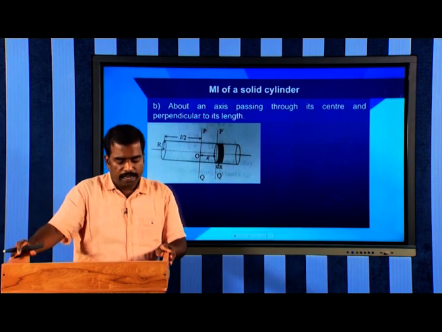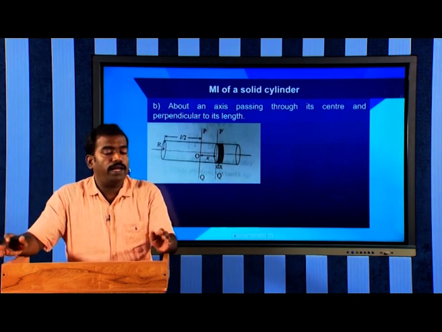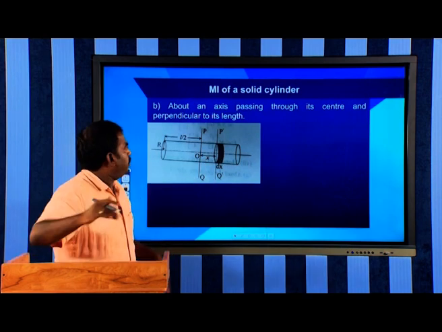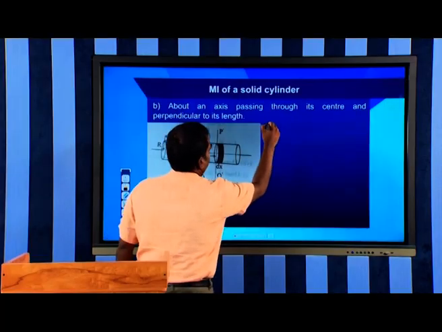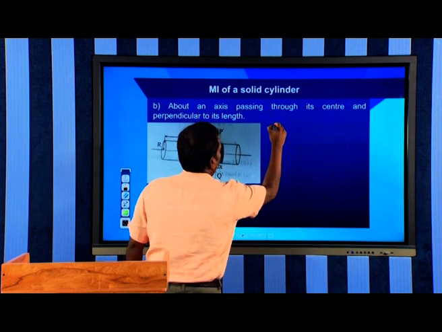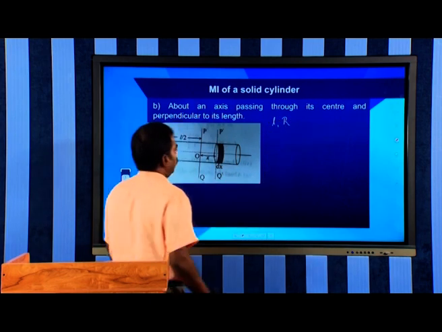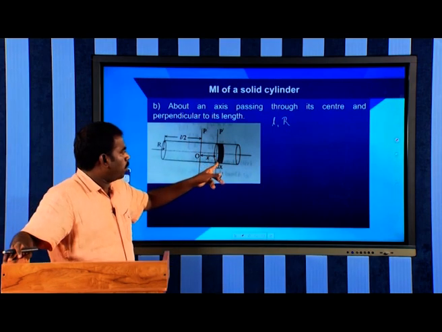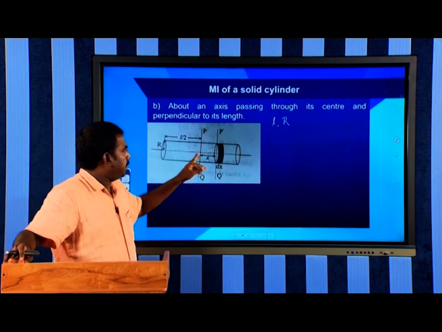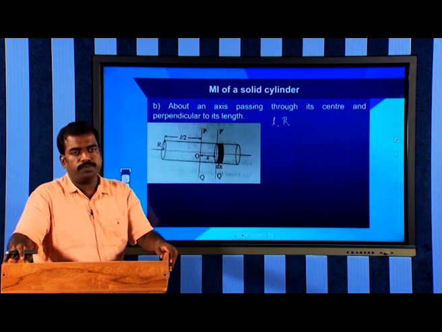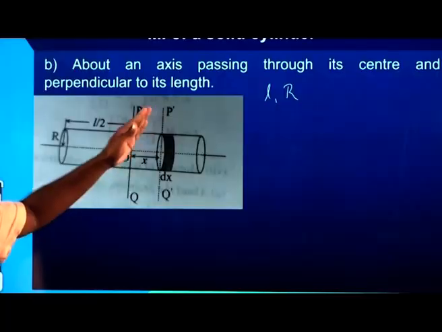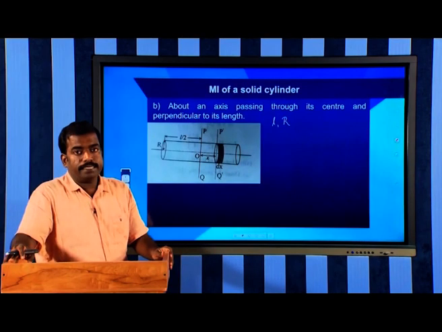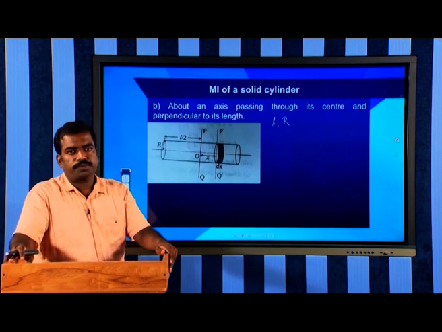Here we consider that the cylinder is made up of a large number of circular discs. The length of the cylinder is L and the radius is capital R. We consider a small circular disc of thickness dx at a distance x from the axis.